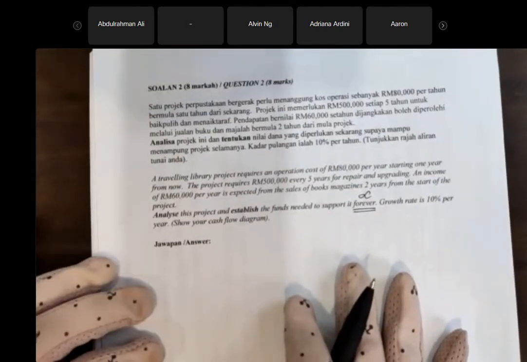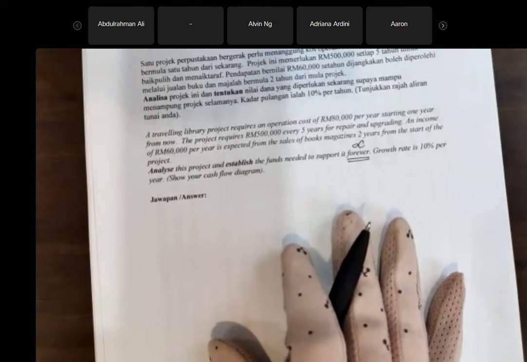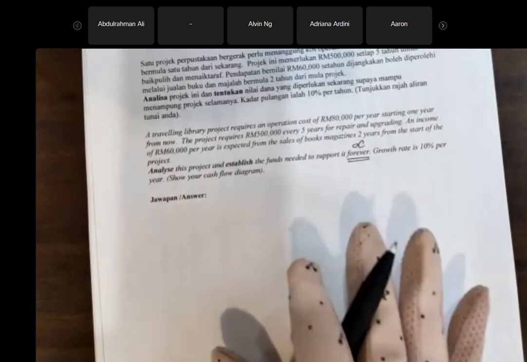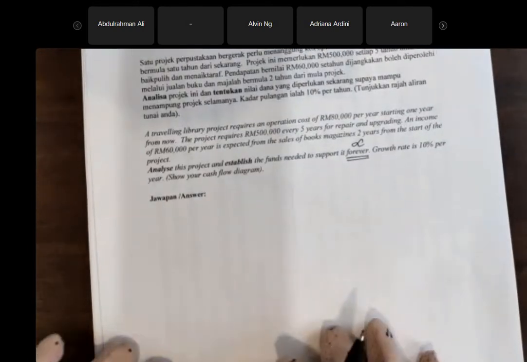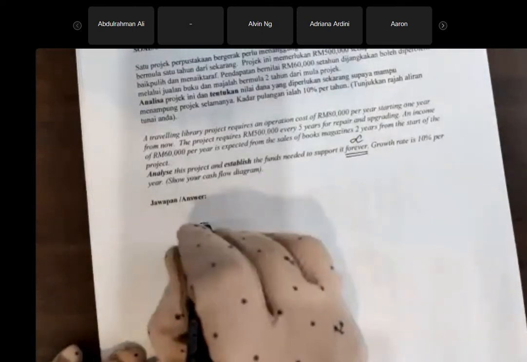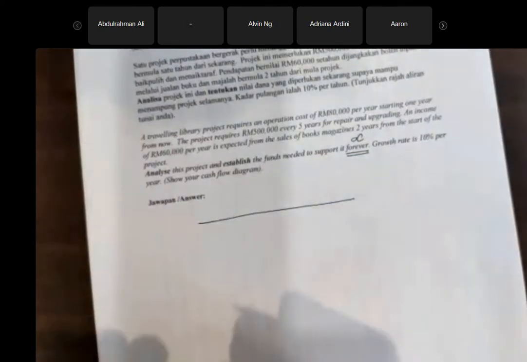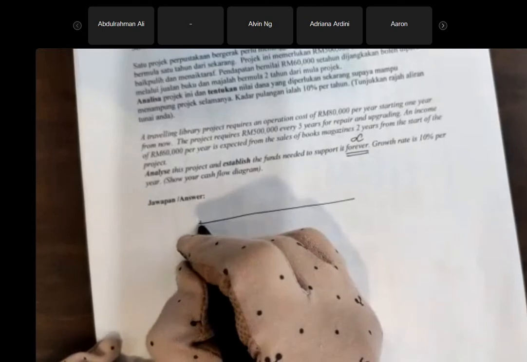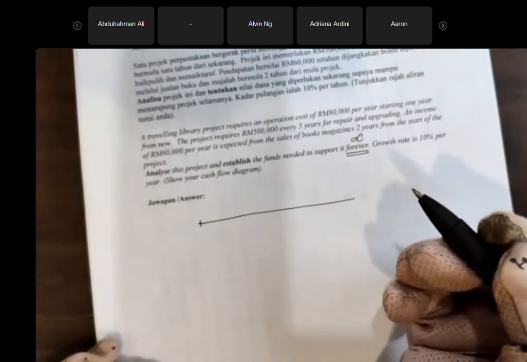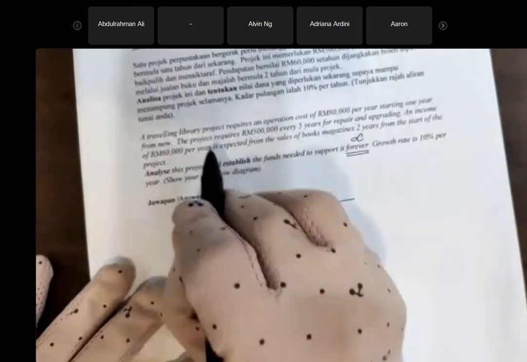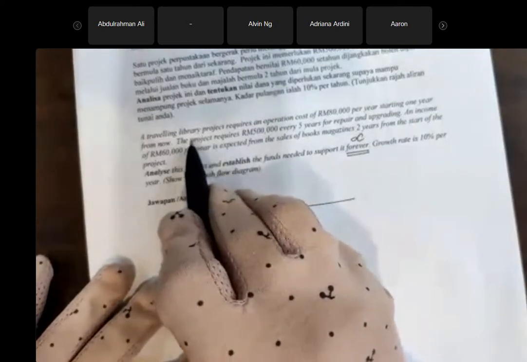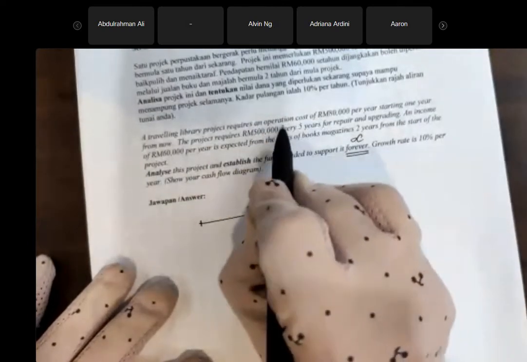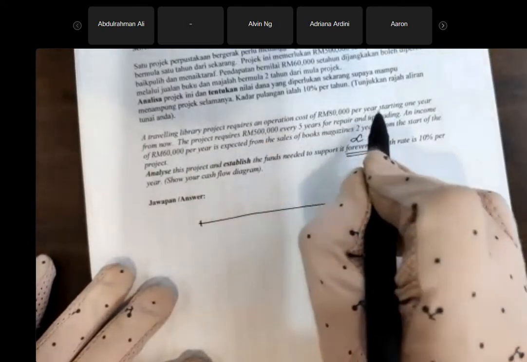Okay, how to draw the cash flow diagram. Start with, is there any value for 0? No, because it mentioned there is no value. Operation cost of 80,000 per year.